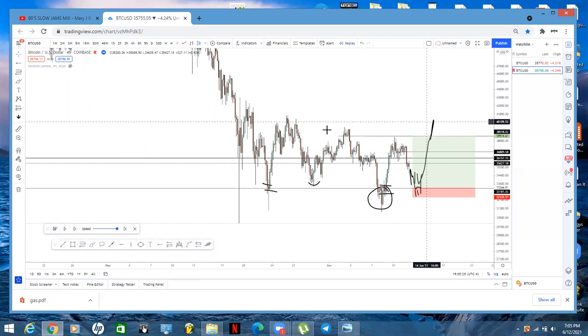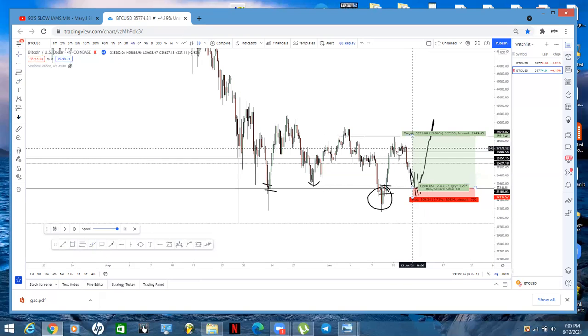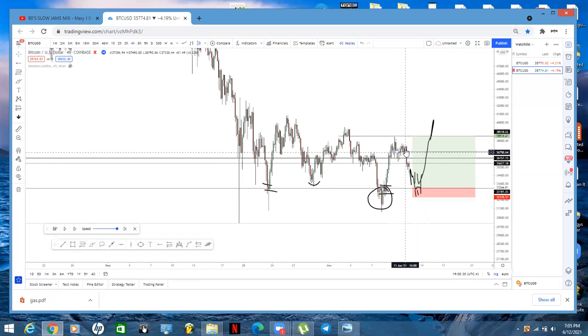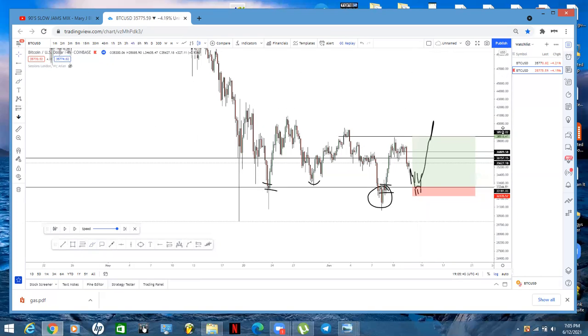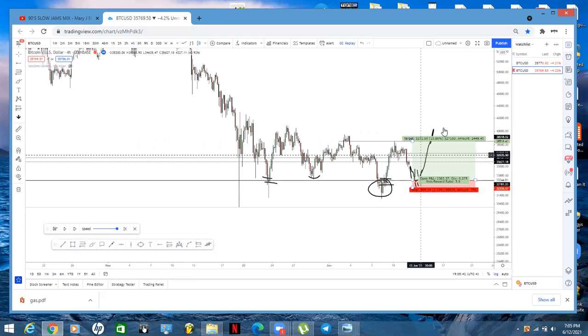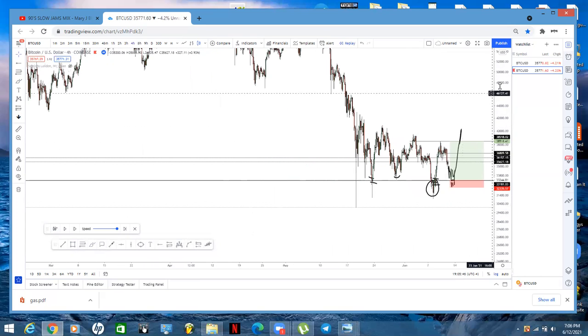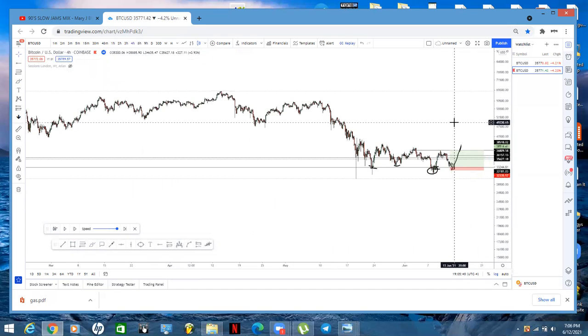So let's say price comes back up here and actually closes above here. Then we probably get some move coming back into this low to mitigate some of these orders and potentially even further movement to the upside. And if that happens, I want to be involved in that whole move long term.